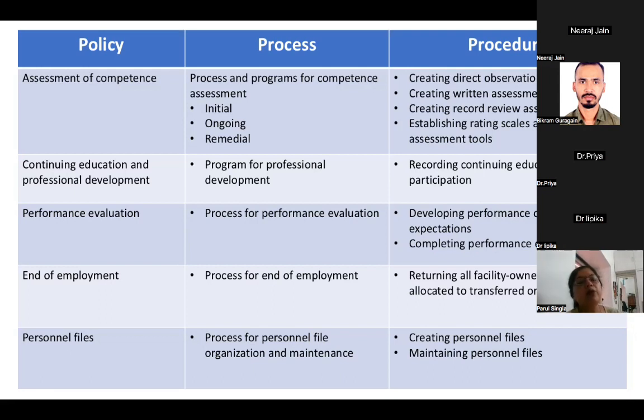So you can there only write the format of this activity will be maintained, or record of this will be maintained. Creating record review assessments, who is better in record reviewing, establishing rating scales and scores of assessment tools. You can make a matrix of how you will score them.